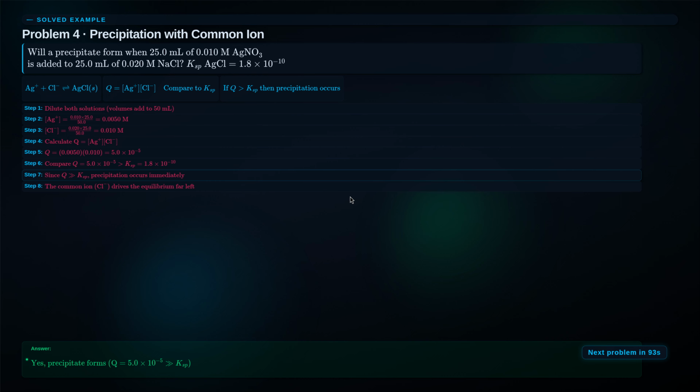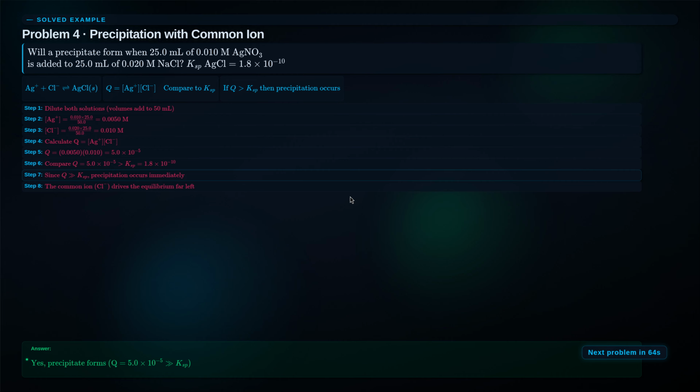Dilute both solutions since volumes add to 50 milliliters. Ag+ concentration equals 0.010 times 25.0 divided by 50.0, giving 0.0050 molar. Cl- concentration equals 0.020 times 25.0 divided by 50.0, giving 0.010 molar.